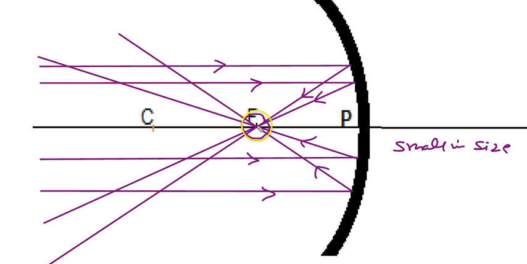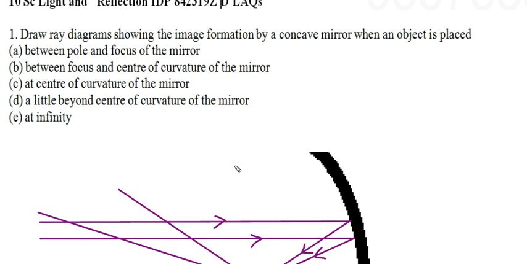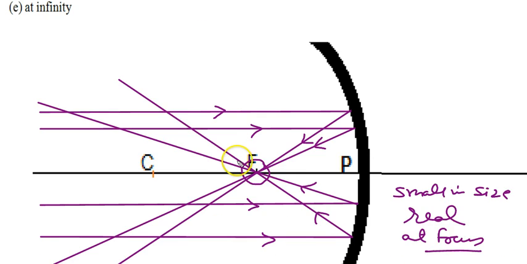Of course, rays of light are converging at this point. So the image is real, and at F that image will be at the main focus. So this is how you can make all these figures very carefully. Rays, be very careful about various dimensions. With this we finish our question number 1. We start with question number 2.